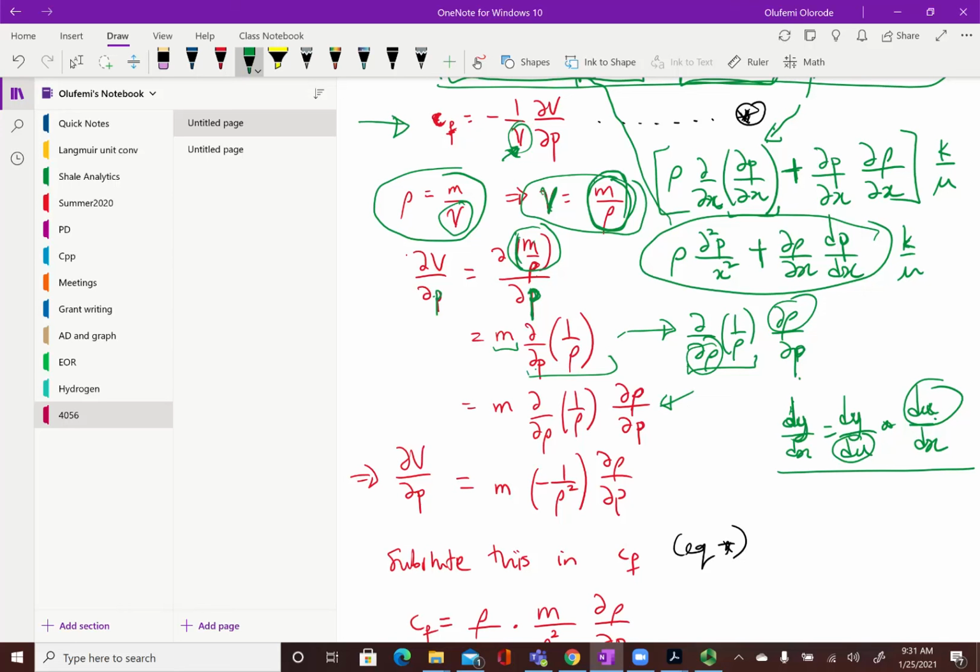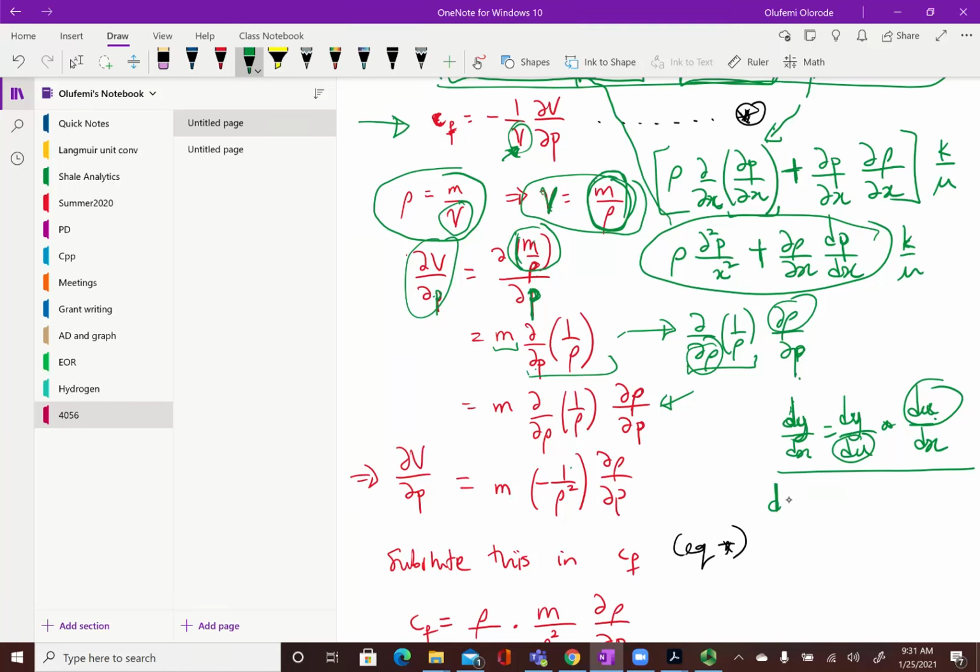Now we move on to dV/dp, working more on the right hand side. What's the derivative of 1 over rho with respect to rho? It's minus 1 over rho squared. How do I know that? Another rule from calculus, the quotient rule.